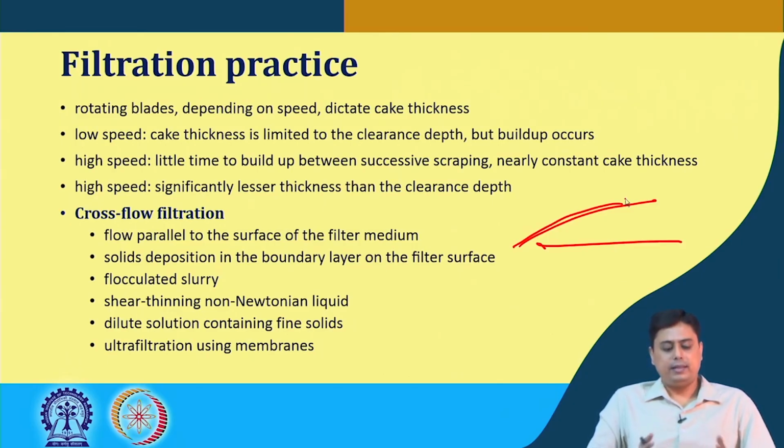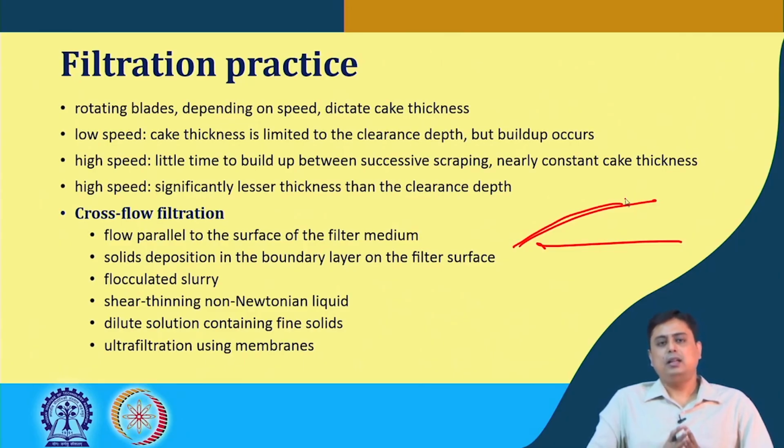Such a scenario is helpful when there are flocculated slurries and, in fact, shear thinning non-Newtonian liquids that we are handling. It is also useful in scenarios with dilute solutions containing fine solids, because those fine solids basically block the pores, they go inside the pores. The examples are like ultrafiltration using membranes, say, in water purification.